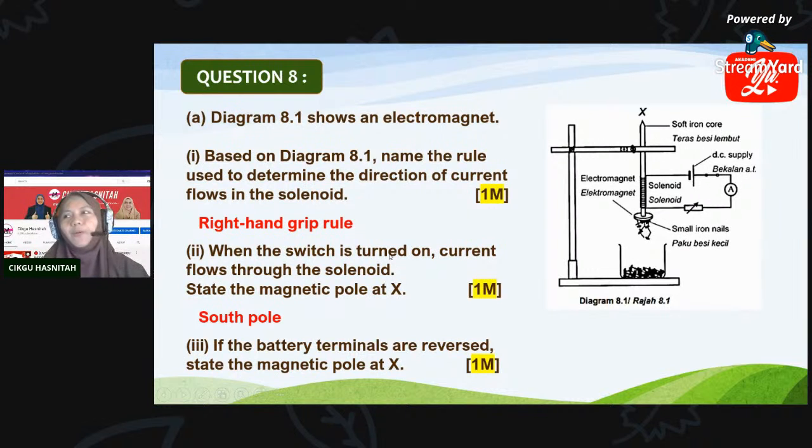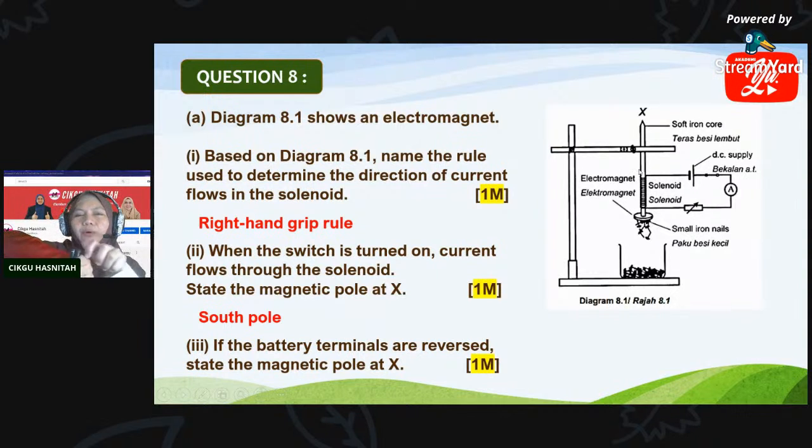You can use your pen to show the solenoid. X is above. When you grip the solenoid, the current flows in a clockwise rotation.